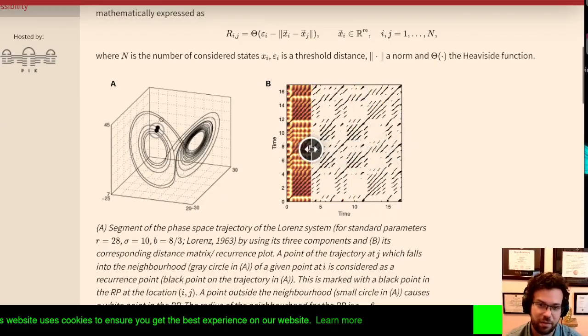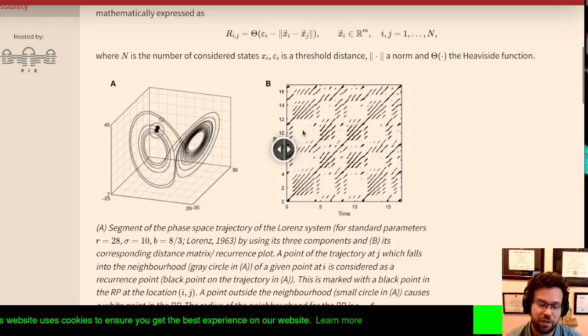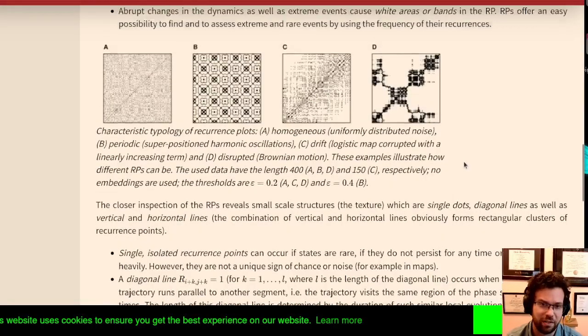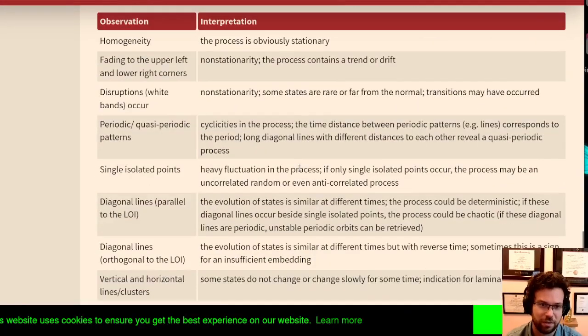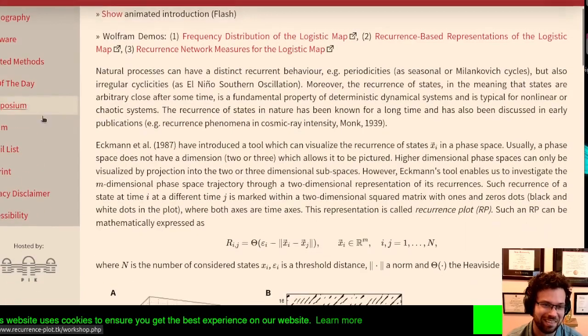See, they have this nice little thing there showing you go from a distance matrix to a recurrence plot, and then you can compute statistics of these recurrence plots that can tell you things about chaos. And so people in dynamical systems are really gung ho about this, and they look at these as well. I would highly encourage you to go to recurrence-plot.tk and check this out. You can see what they do.